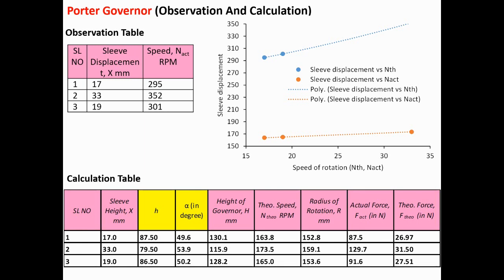This calculation table I have prepared using formulas 1 to 10, and this graph of slip displacement versus speed of rotation, theoretical and actual combined, I have shown you. You have to perform a similar exercise to prepare the report sheet.